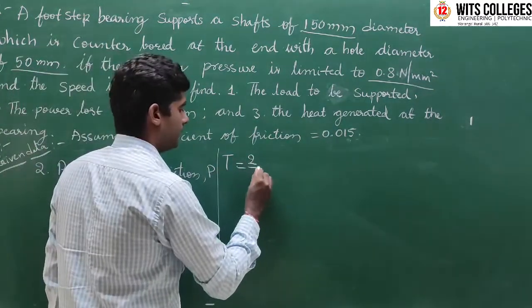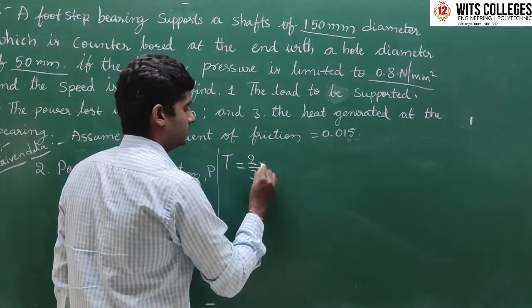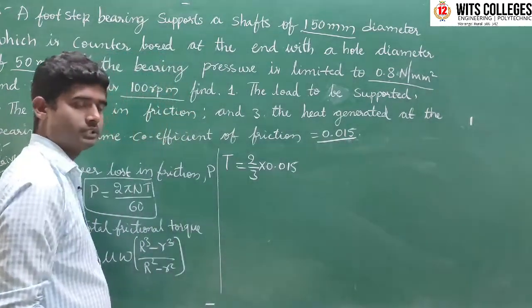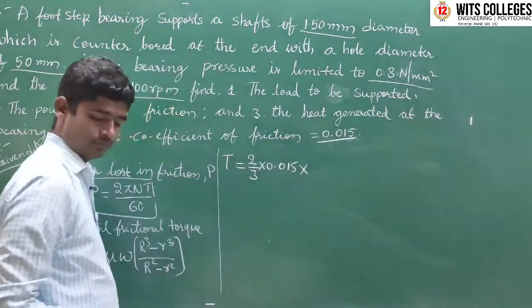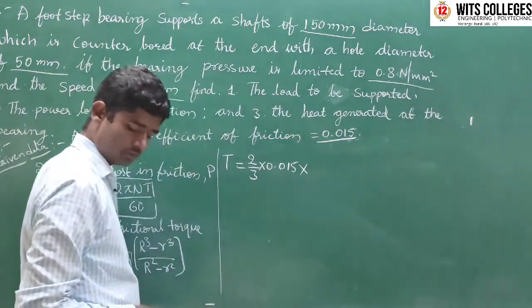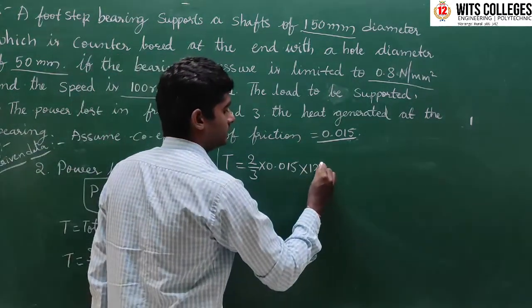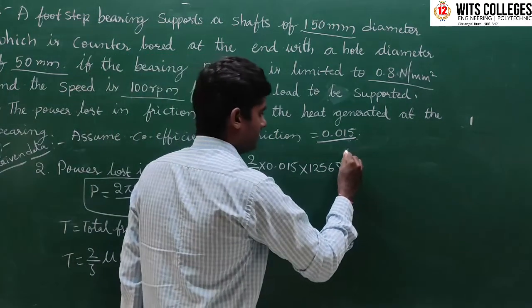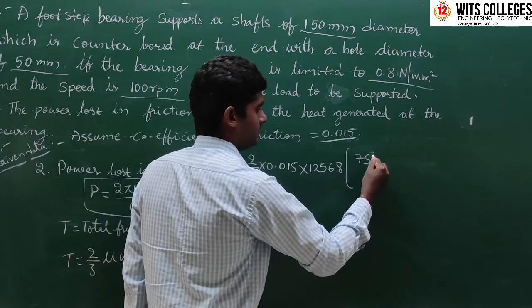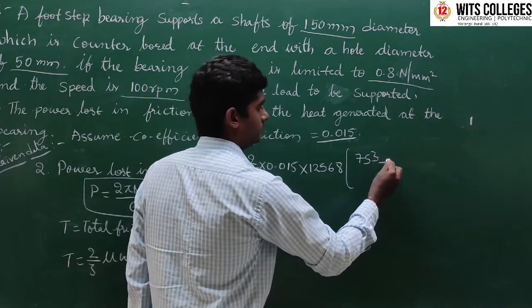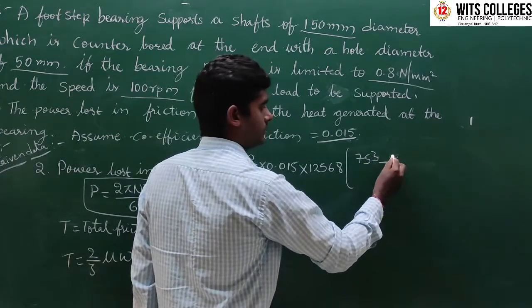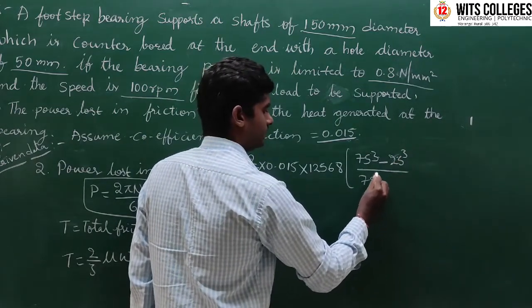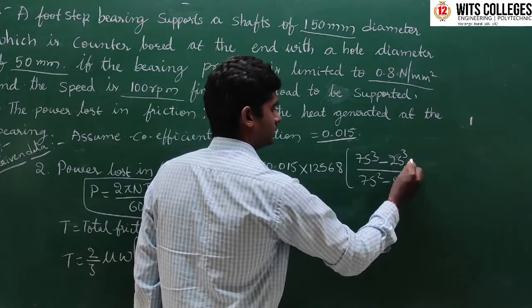2 by 3 into mu equals 0.015, into W equals 12,568, into R cube, capital R is 75 cube, small r cube is 25 cube, by 75 square minus 25 square.